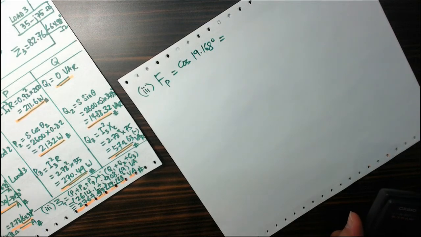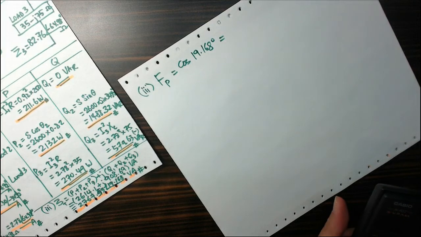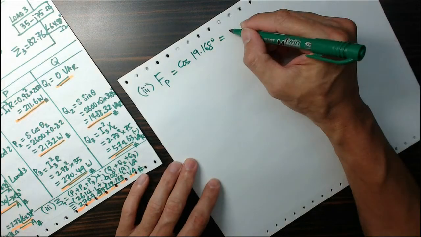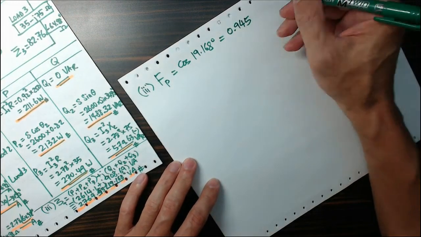Cos of 19.168 gave me 0.9445, which is 0.945.